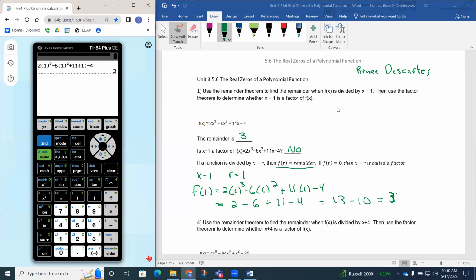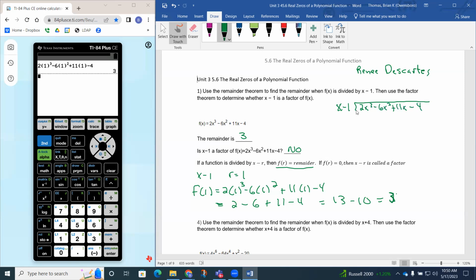Now, if I did want to use long division, x minus 1 has to go into the function 2x cubed minus 6x squared plus 11x minus 4. When you do this, make sure your degrees count down 3, 2, 1, 0.